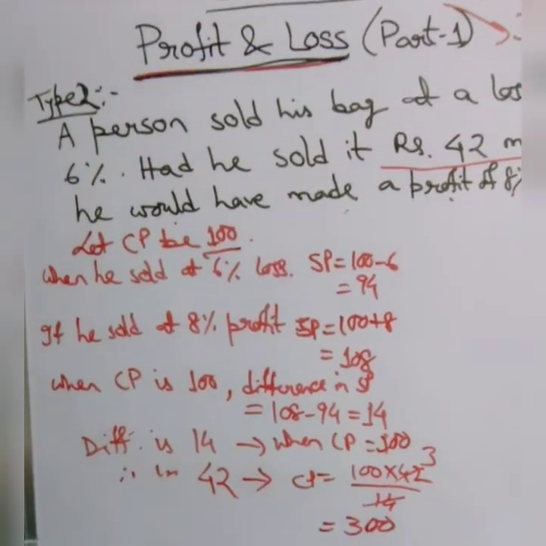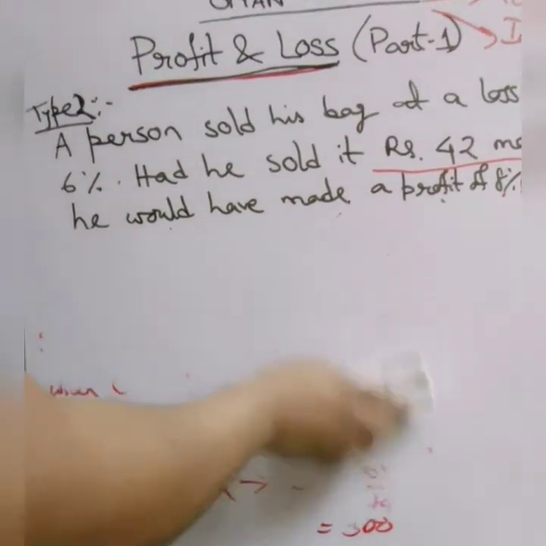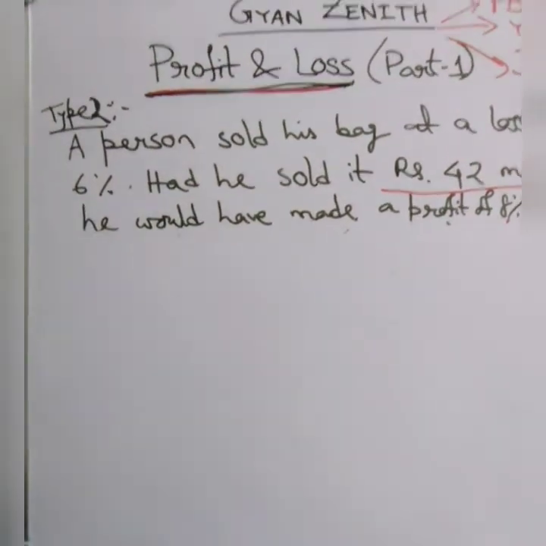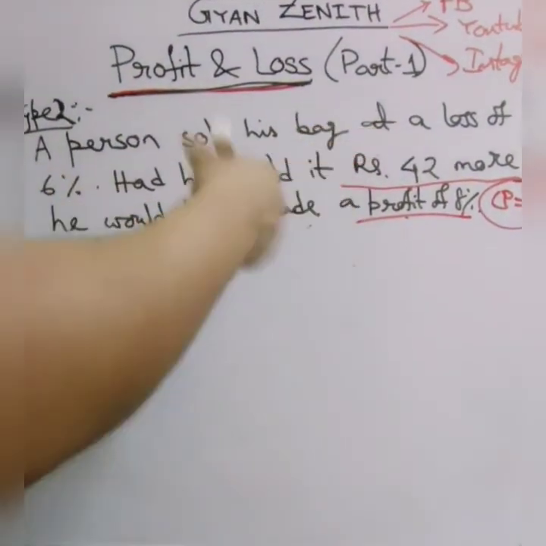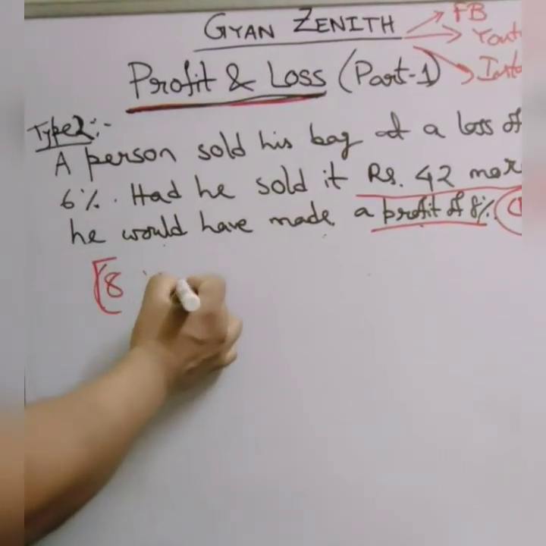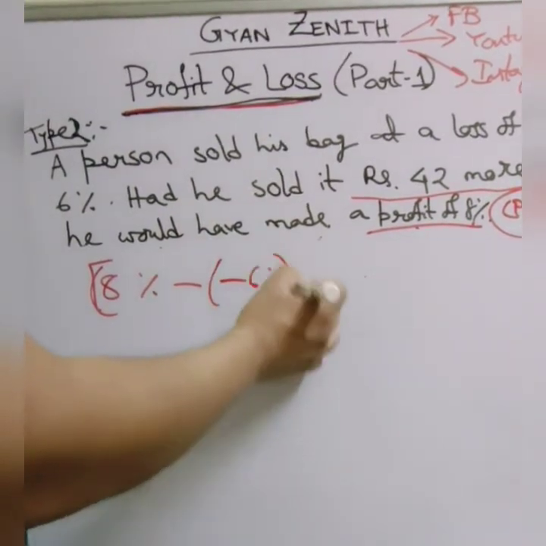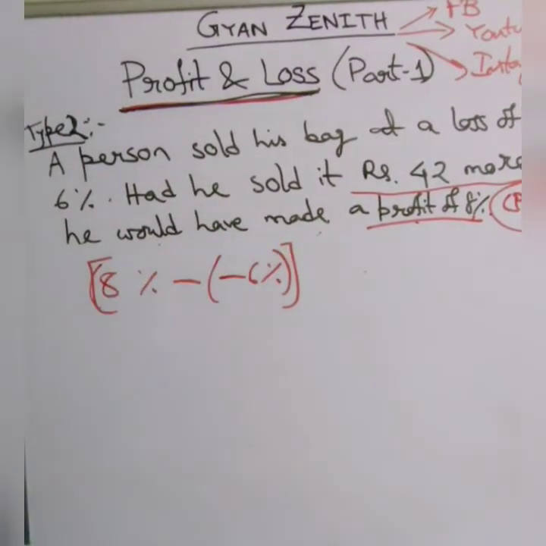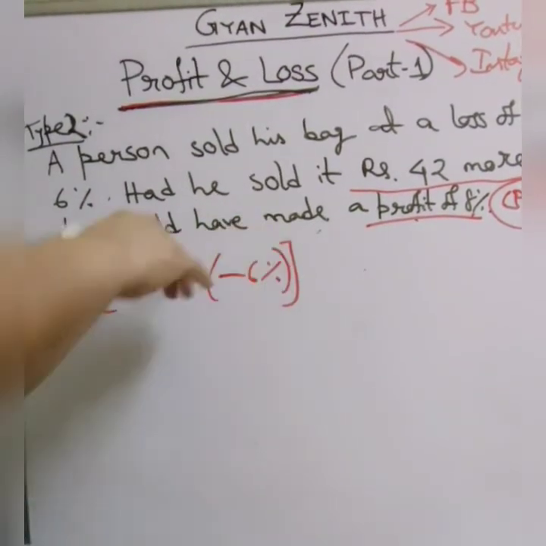Now let's see an alternate method of simple calculation. You need to see what profit he made when he sold for rupees 42 more. That is 8%. So 8% minus the loss, I'll put it as minus. The loss is taken as minus 6%, meaning I am reversing the loss effect.